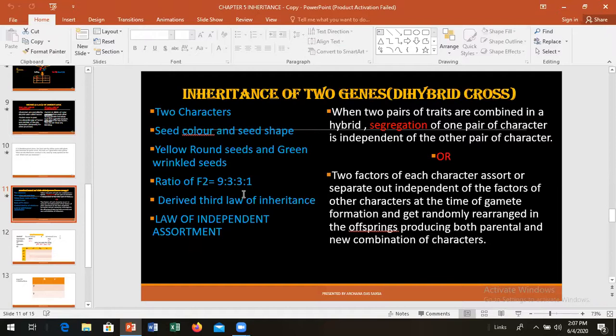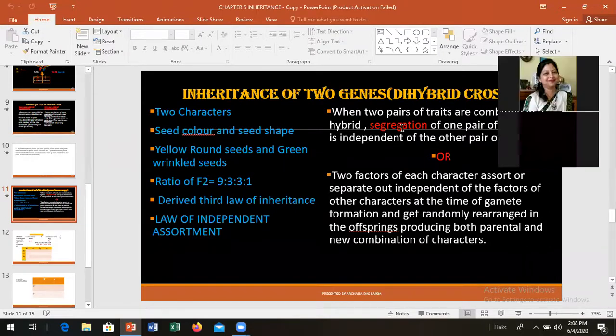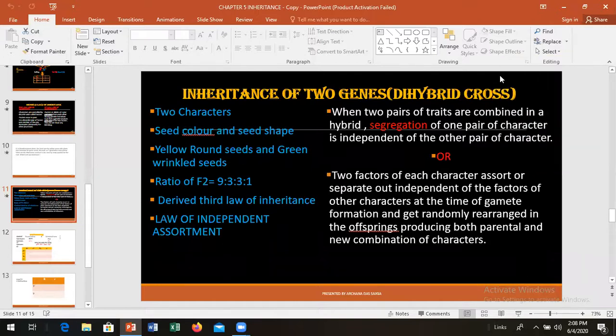After completing the cross, getting the ratios and studying what actually happened, he derived the third law of inheritance, also known as the law of independent assortment, which states that when two pairs of traits are combined in a hybrid, like a plant with yellow round and green wrinkled, the segregation of one pair of characters is independent of the other pair.